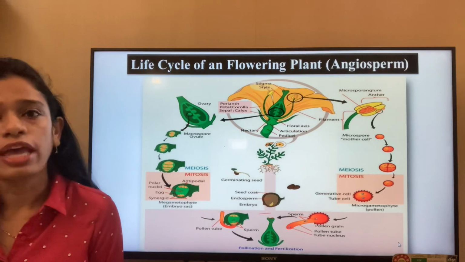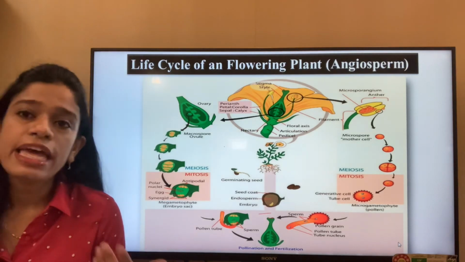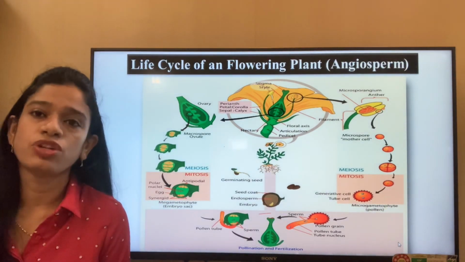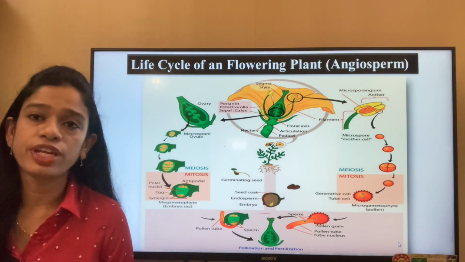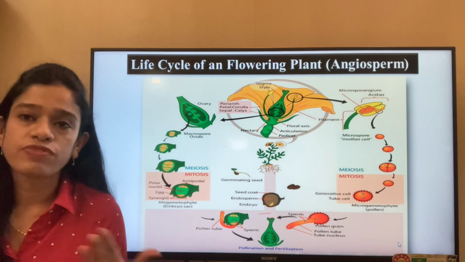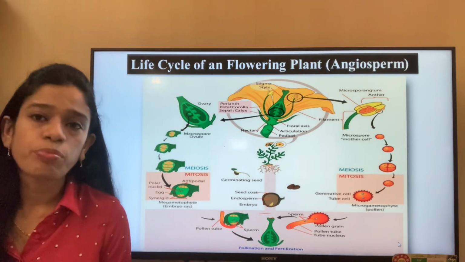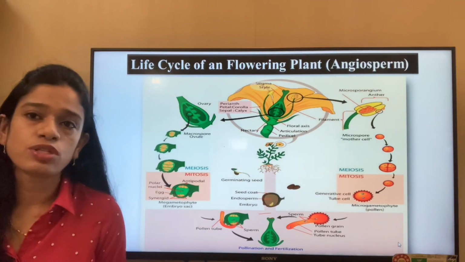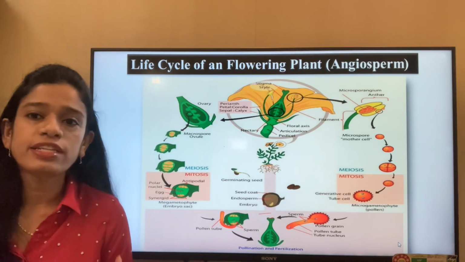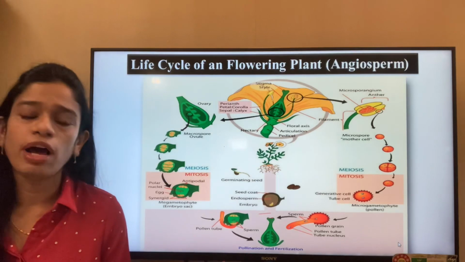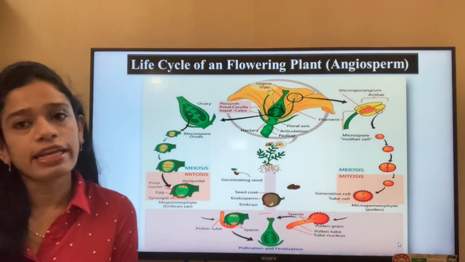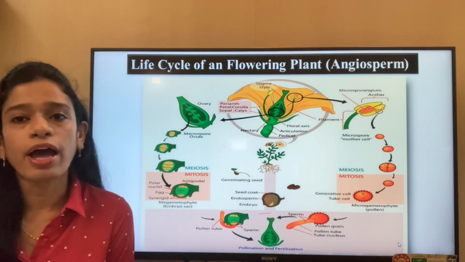Again, it forms a zygote. It prepares itself for the next generation, which is much more evolved than the parental generation, and this evolution is very necessary to carry on the process of life, to stay and to fight and to be there in this world. So this is all about sexual reproduction that takes place in plants, especially in the higher plants like the angiosperms.